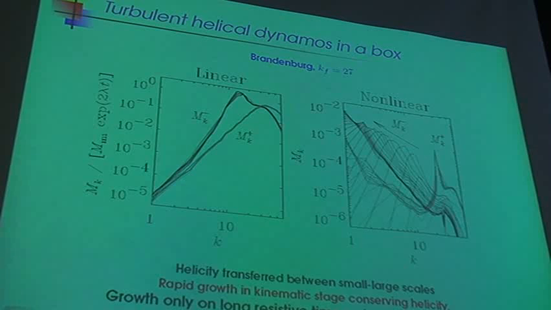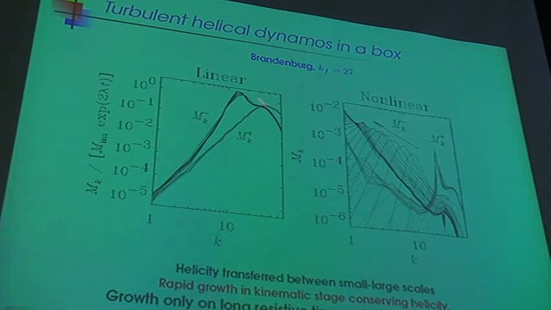Okay? The forcing is at very large wave numbers in this particular case, so resistance is important. So you get an eigenfunction where total helicity is still being conserved, but both signs of helicity are being produced, one at the small scale and the opposite sign at the large scale. Or I was saying the other way around, one sign at the large scale and the opposite sign at the small scale.